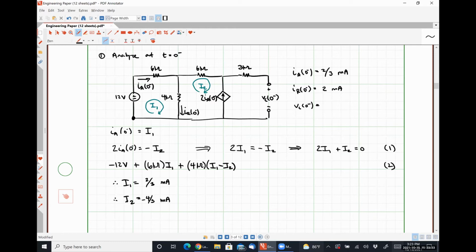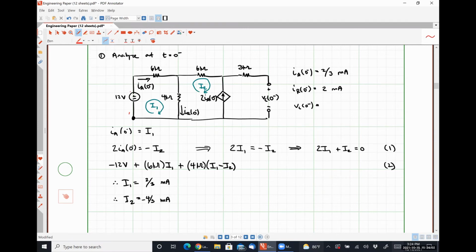I'm not entirely sure. So the voltage drop across the right node is 4. What's the voltage drop across the 4? Okay, I see what you're saying. I'm going to do it slightly, in my opinion, easier. I understand exactly what you're saying.